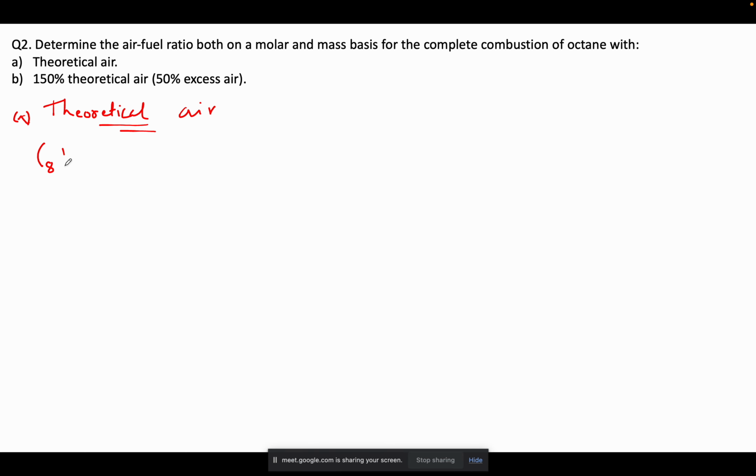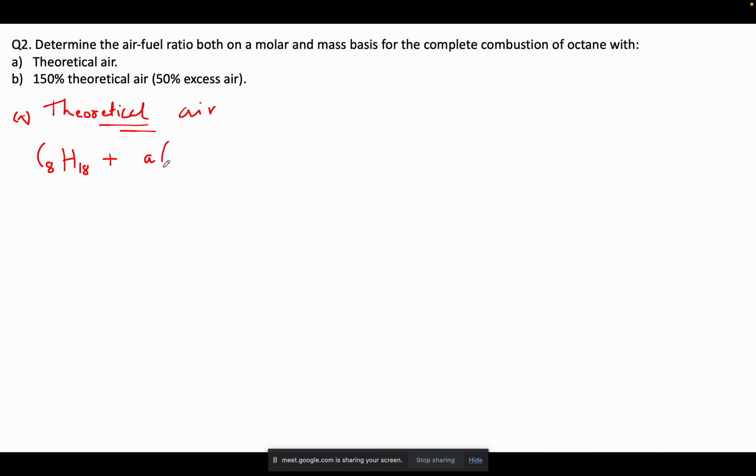So we already know octane formula is C8H18. Okay. Now we don't know how many. In the previous question it was given to us that 40 kilomoles of air was used. Now we don't know how many kilomoles of air.